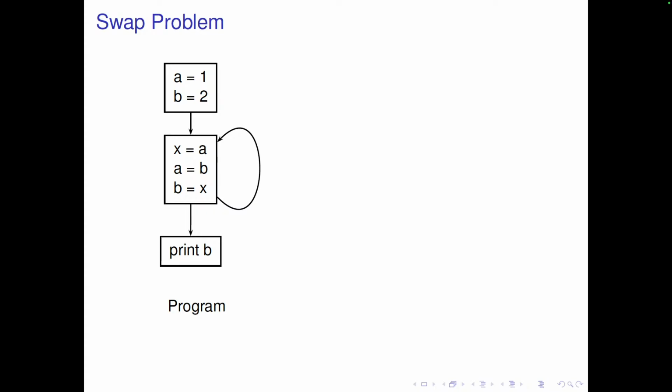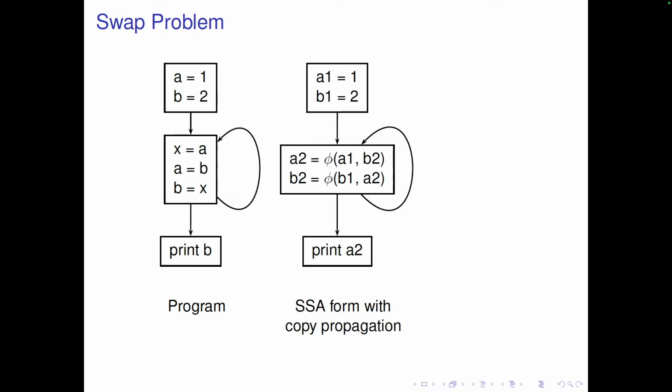Then I can get rid of B3. This is what I will get after I do copy propagation. So A2 is A1, B2 is B1, it should have been B1, right? B2 is B1, and then I am printing A2.